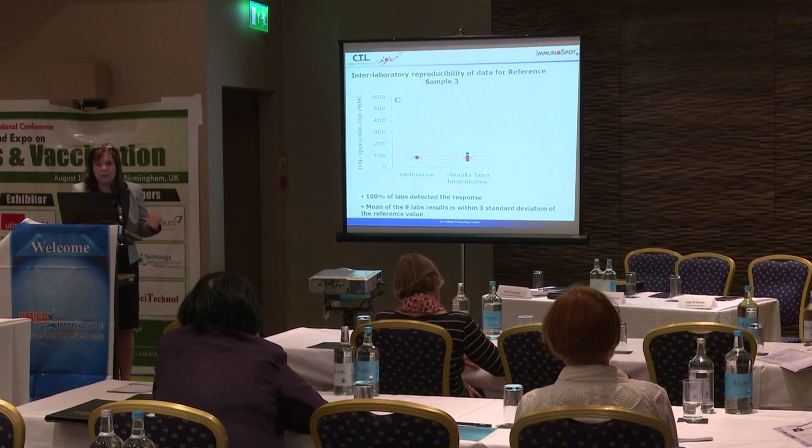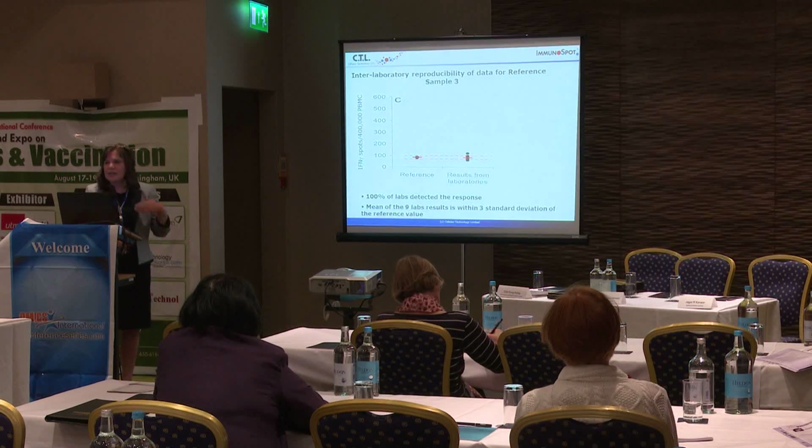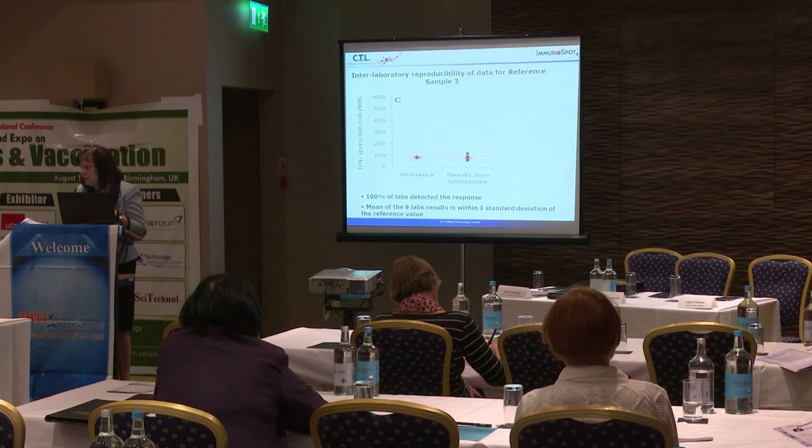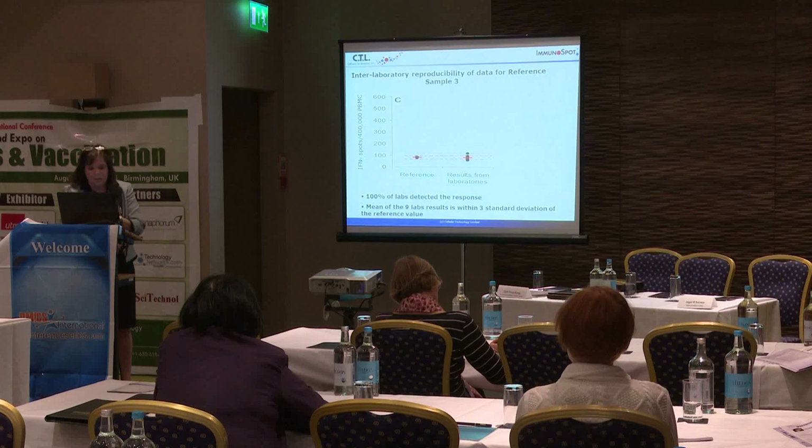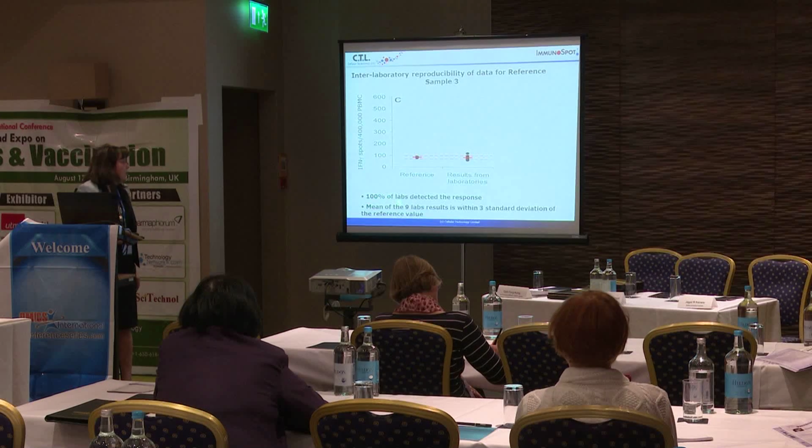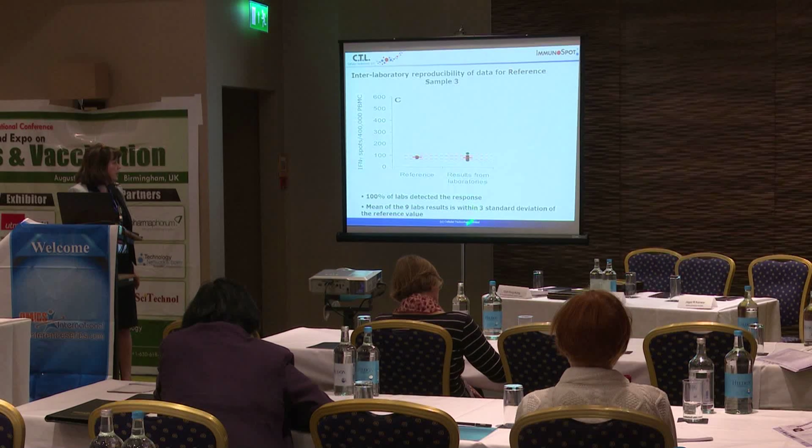So everybody could reproduce and get the same results, independent of the location, with the same cell materials and same SOPs. 100% of the labs detected the responses in the same quality, high, medium, low, and all 9 labs resulted within 3 standard deviations of the reference values.